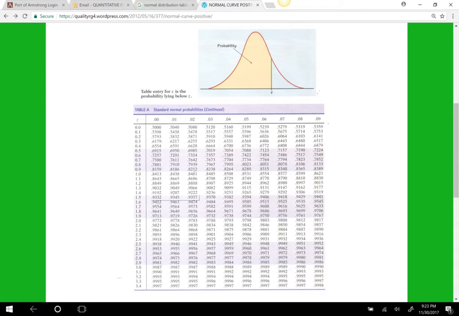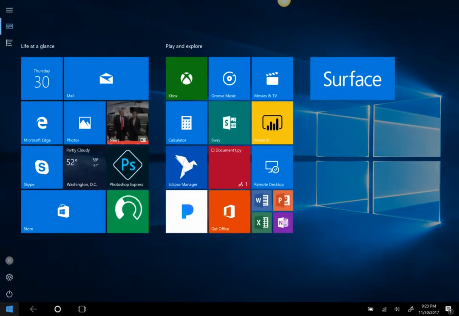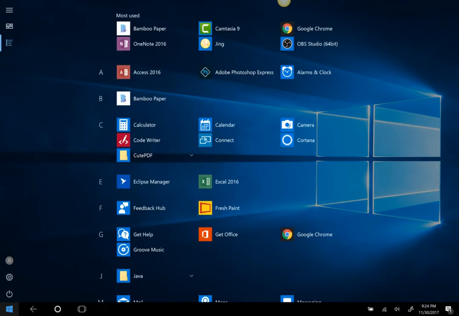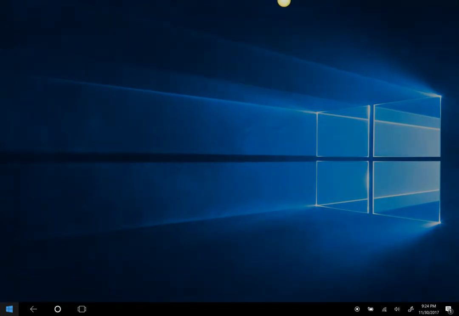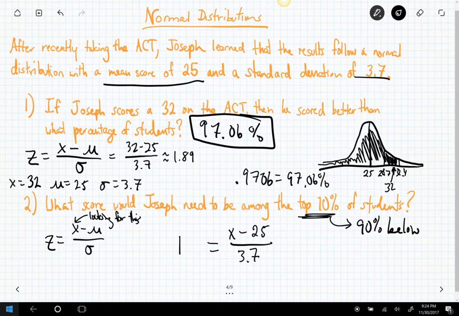If you're looking, we have a 0.9032 at 1.30, but you have a 0.9015 at 1.29, and then you have a 0.8997. That's really close to 0.90 at 1.28. And so you can approximate in between 1.28 and 1.29. Either one will work. You can do maybe a 1.281 or something like that. But just to keep it simple, I'll say z is 1.28.